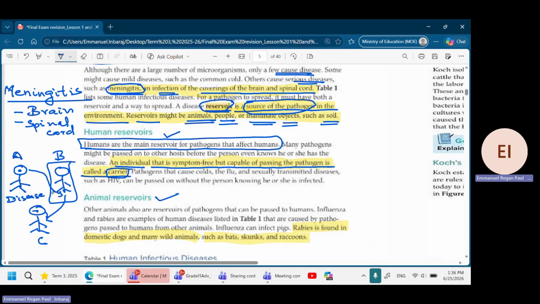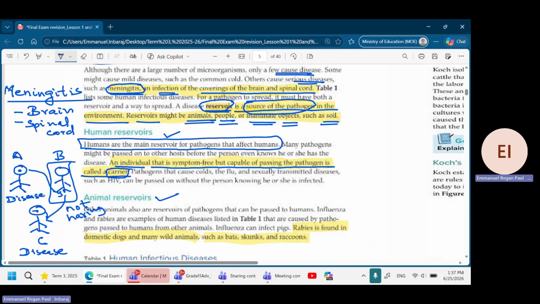He is just symptom free, but he is carrying the pathogen from A and passing it to C. A is having a disease and C is having the same disease, but B is not having the disease. So B is called a carrier. An individual that is symptom free but capable of passing the pathogen from one organism to the other is called a carrier.